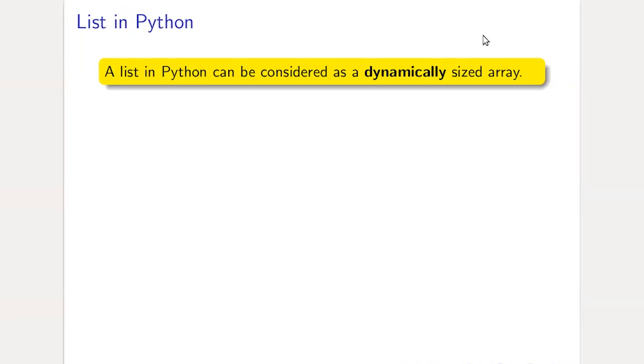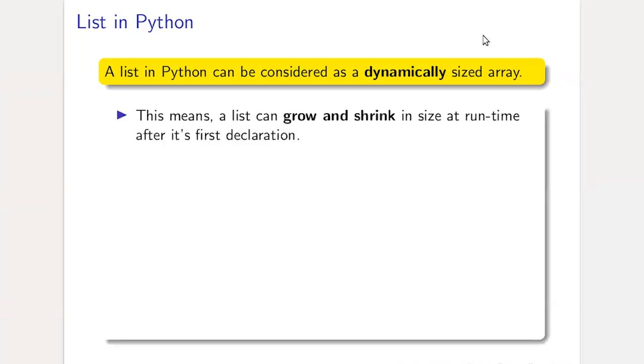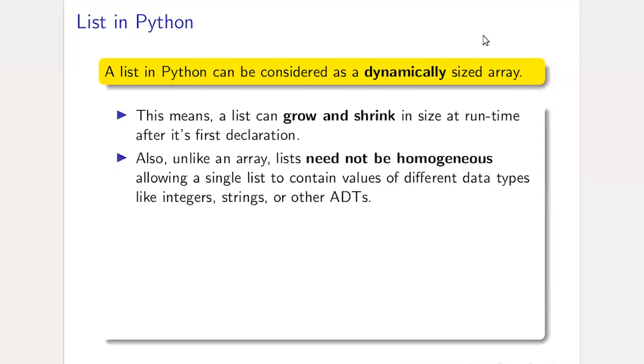So here is an array that can grow as we add items or shrink as we remove items. Okay. And that happens at runtime after we create it. Also, as we have discussed, the arrays all contain values of the same type. Okay, so we call it homogeneous.